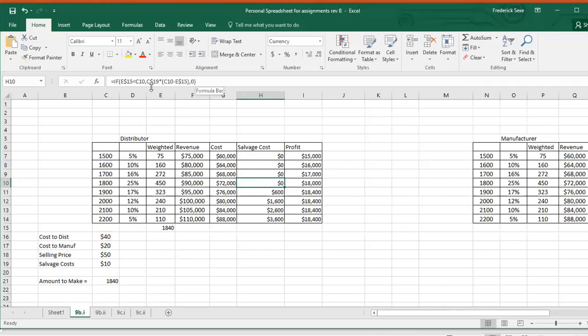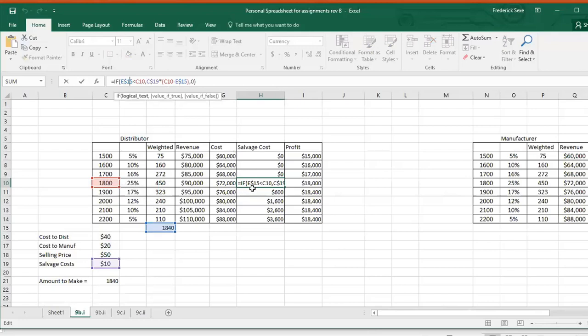If you're not familiar with if statements in Excel, basically it says that if E15, which is right here, if your weighted totals is less than the column 1's value, then calculate this equation.